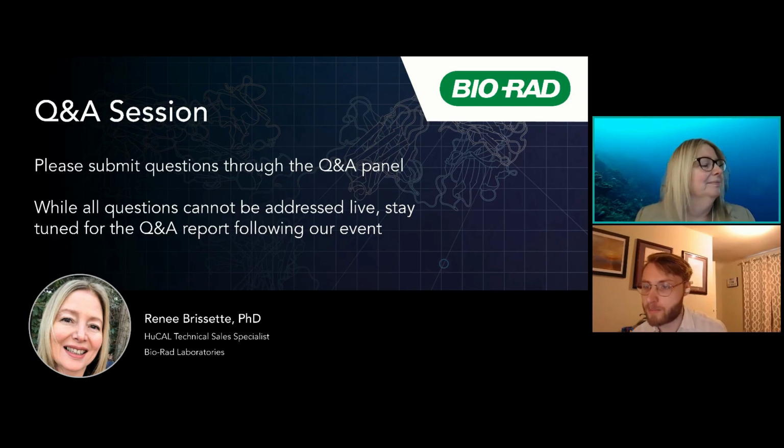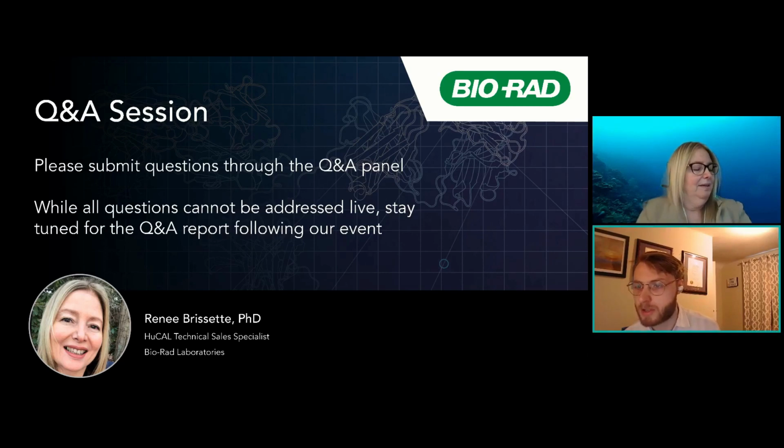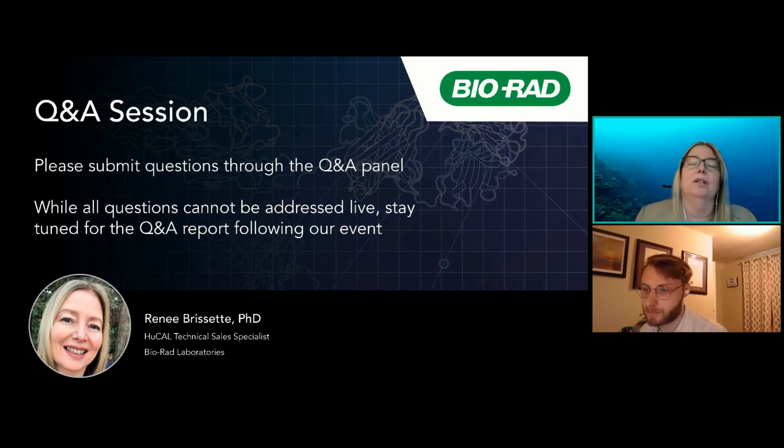Question here about the affinities of the antibody. So what kinds of affinities can the antibodies usually achieve? Yeah, so in this standard generation process that I discussed in the webinar today, we can generate antibodies with affinities in the low nanomolar range and sometimes sub-nanomolar.